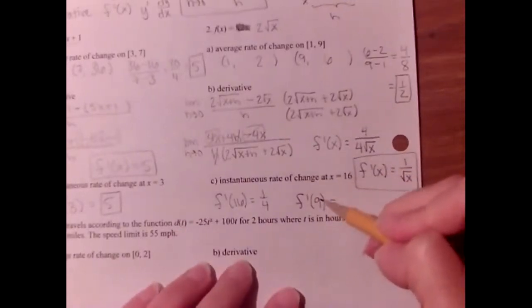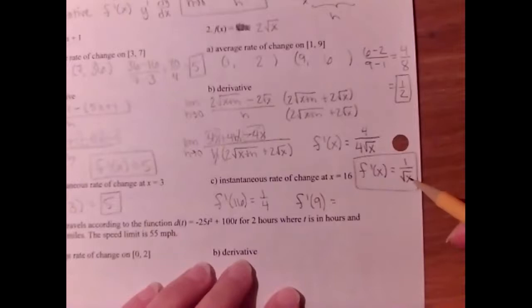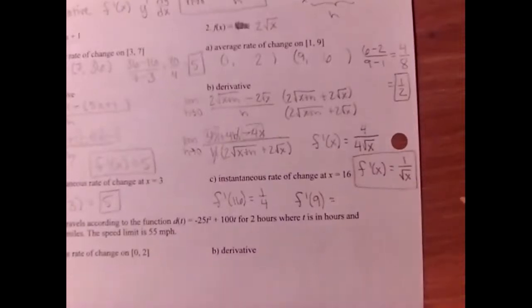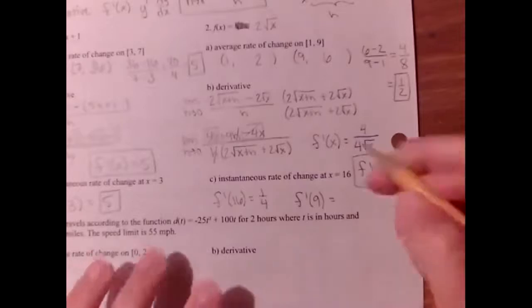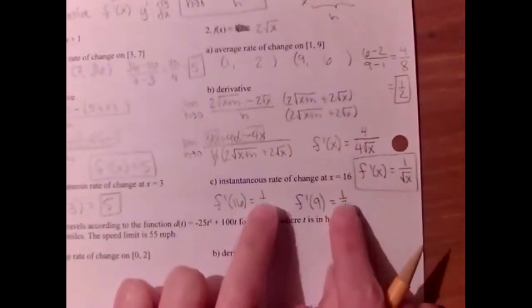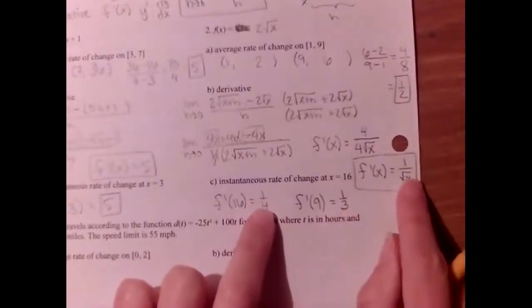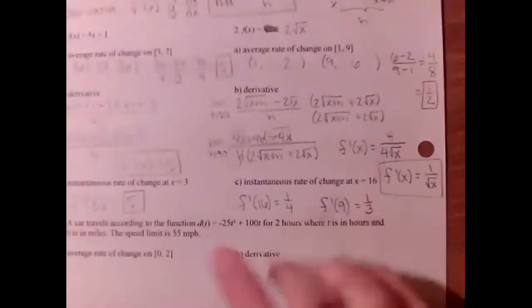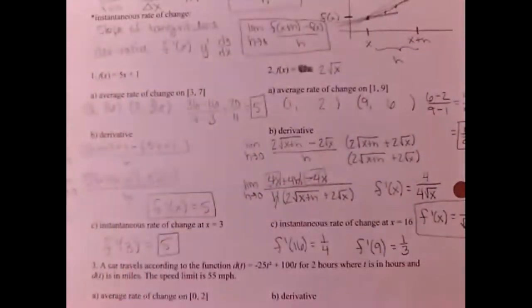Say you wanted the instantaneous rate of change at 9, then what would you get? Yeah, good, 1/3. So see, this instantaneous rate of change is not going to always be the same. It's going to depend on whatever x is. This one was always the same. And again, that's because that was a line.